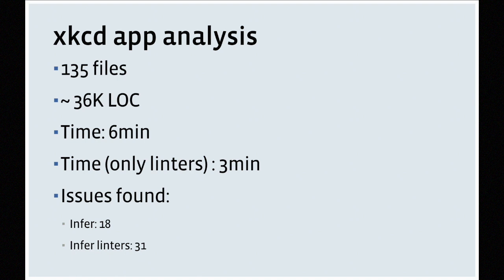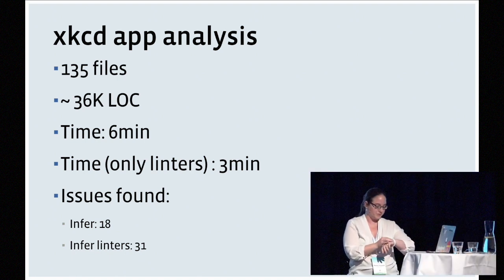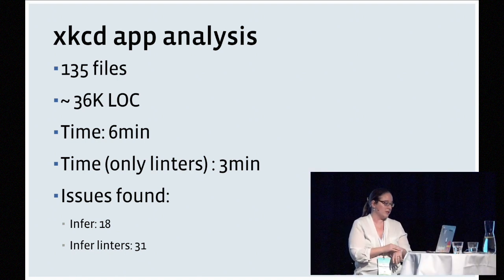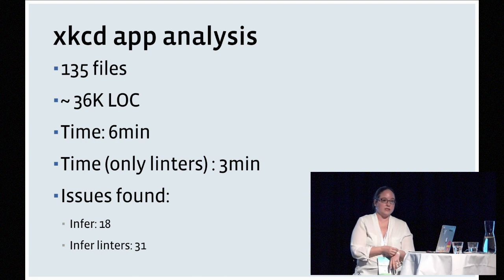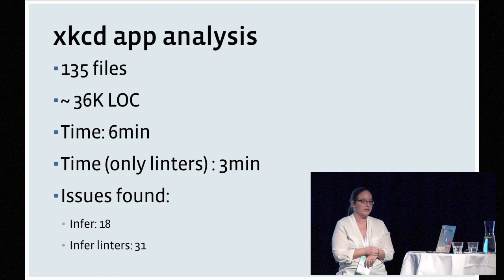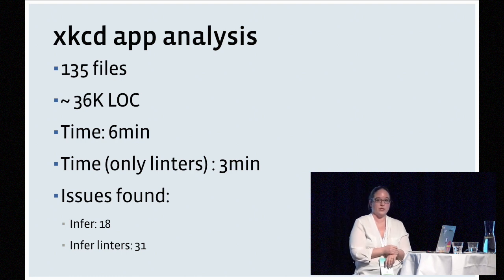So the app had 135 files, about 36,000 lines of code. And so the time it took to analyze it with Infer was 6 minutes, and with only the linters it was 3 minutes. That was on a laptop. And it found 18 issues with Infer and 31 issues with the linters.